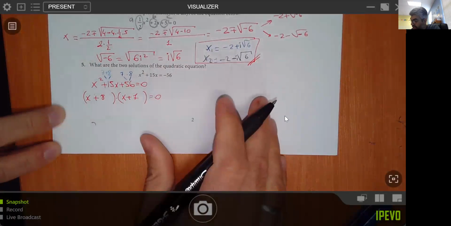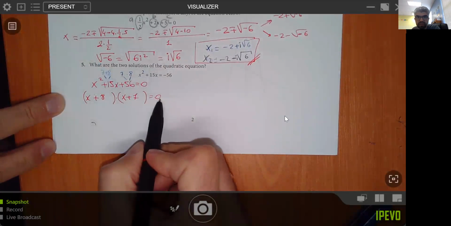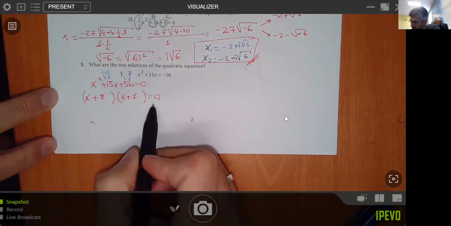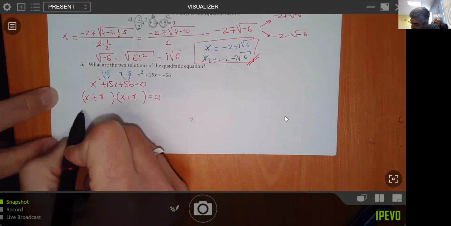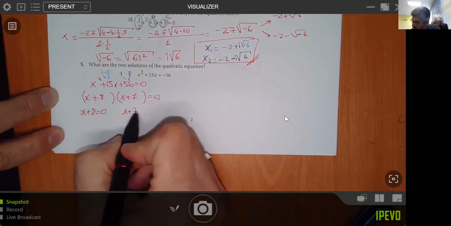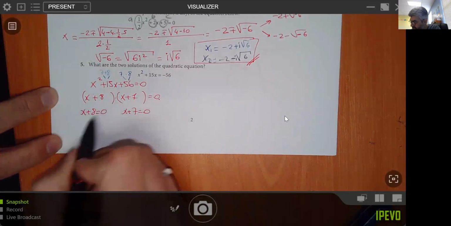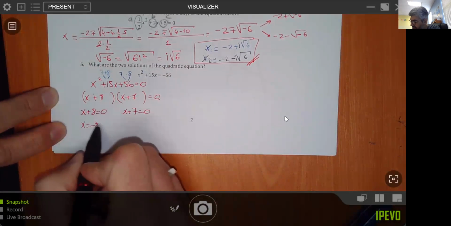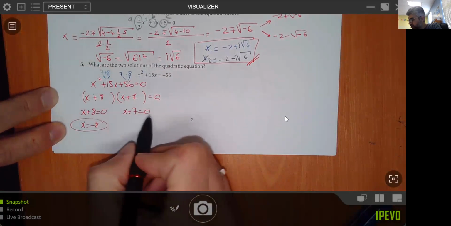Okay, what are the two solutions? We now have factors for this quadratic equation, and the product is equal to 0. It means I can write each factor as equal to 0 to find the final solutions. x plus 8 equals 0, so x is negative 8. x plus 7, the second factor, equals 0.